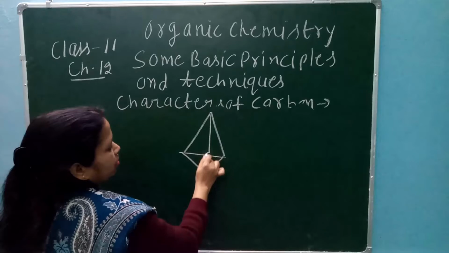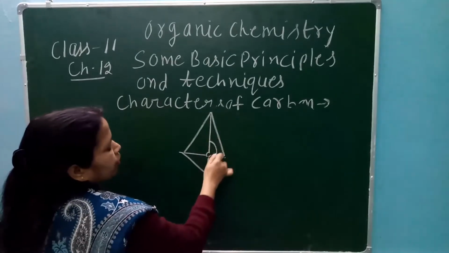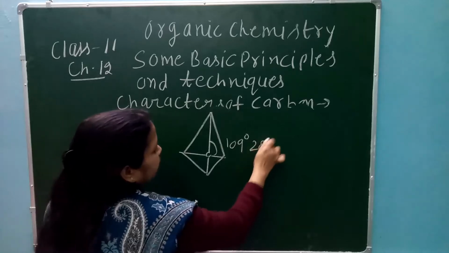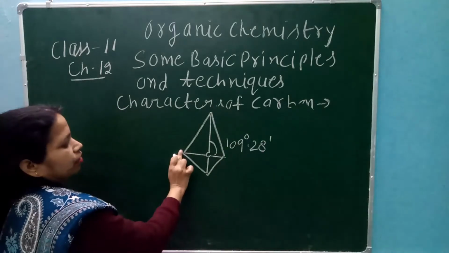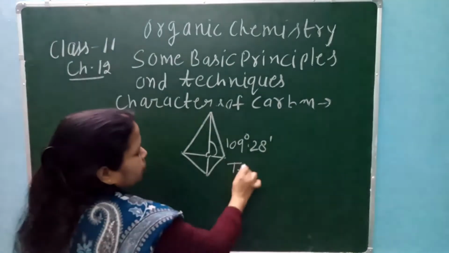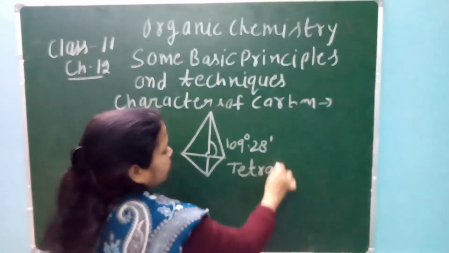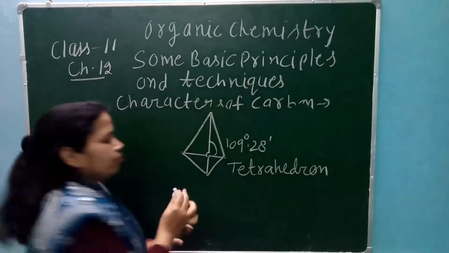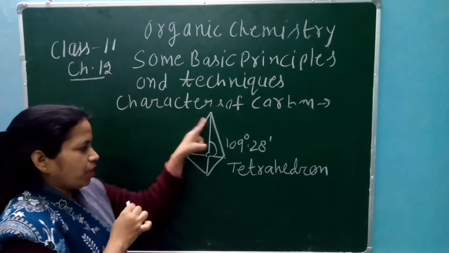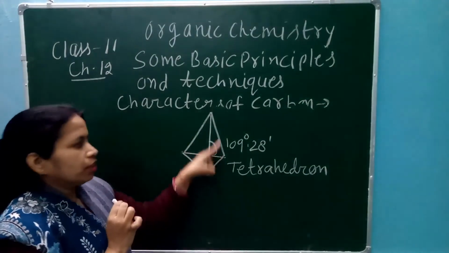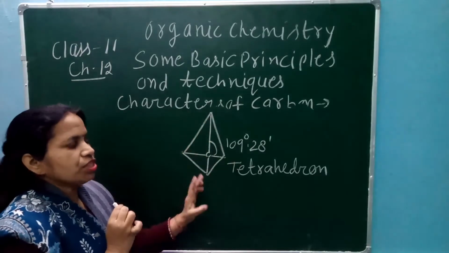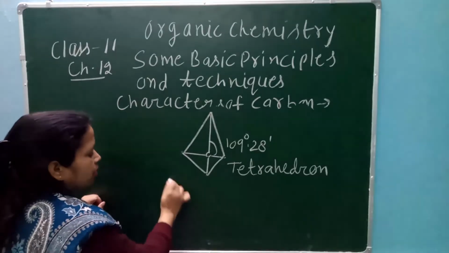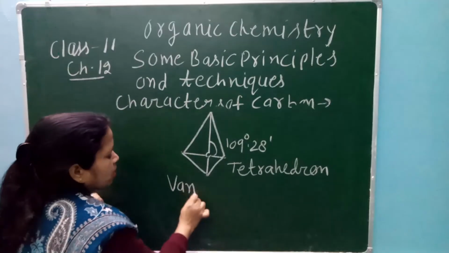This is the carbon, and the bond angle between two bonds is 109 degrees 28 minutes. In this tetrahedron structure, one carbon has 1, 2, 3, 4, that is 4 bonds. This structure is tetrahedron.